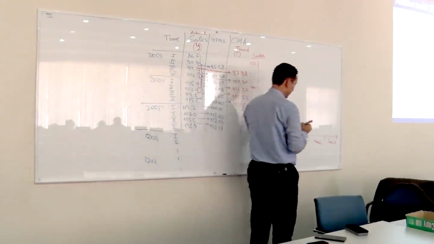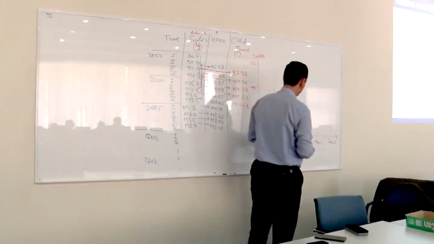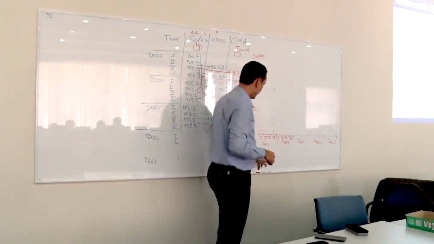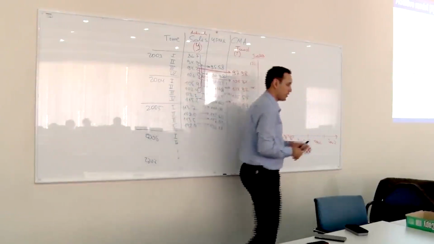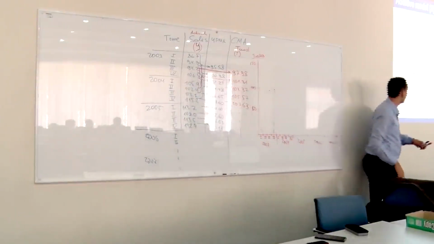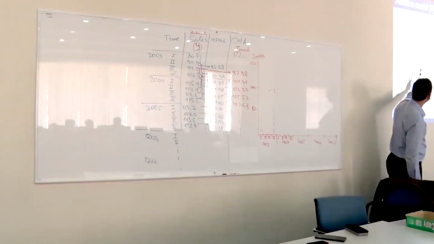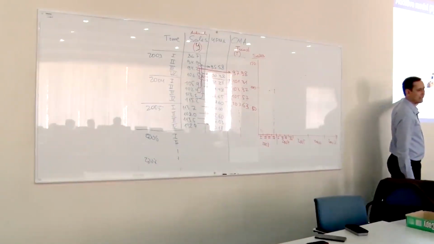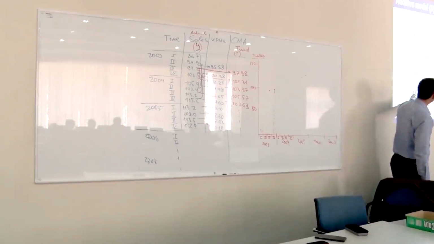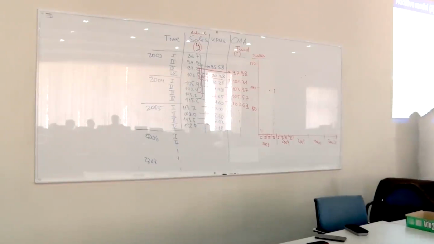So once you plot these points, your last point will stop here. You see the black line? Where does it stop? It stops right in here. 2007, quarter 1.